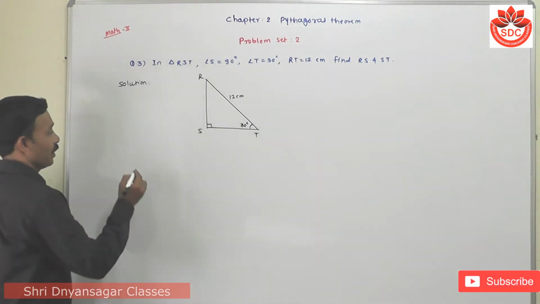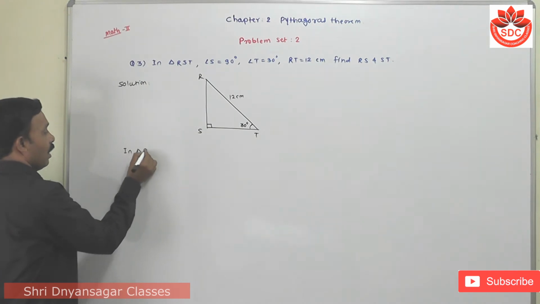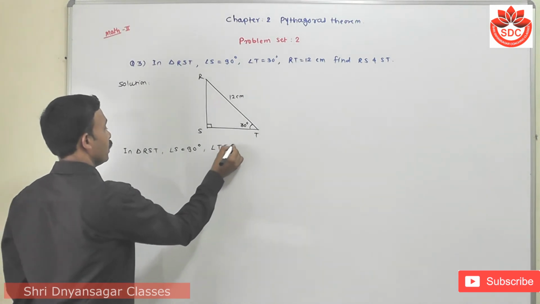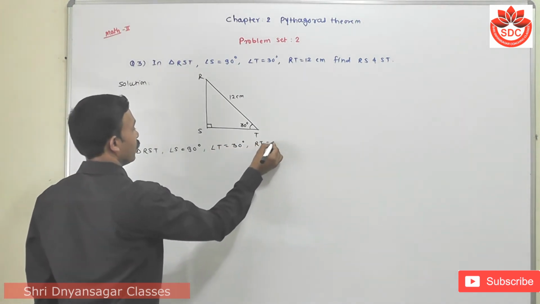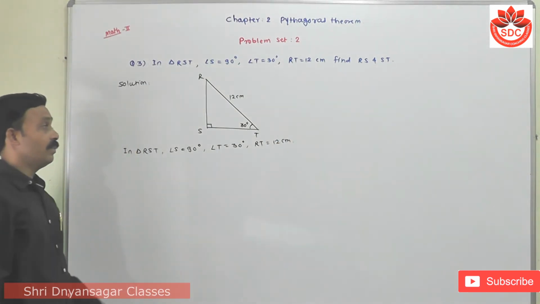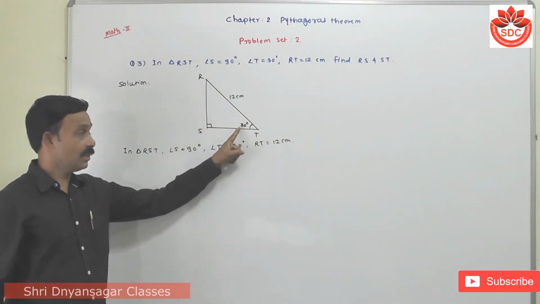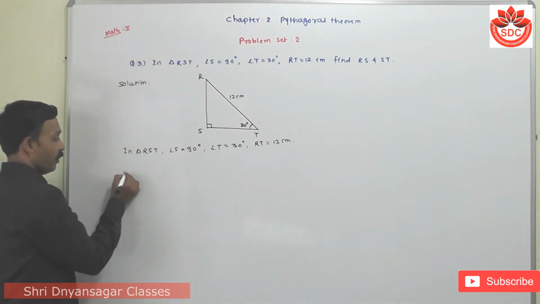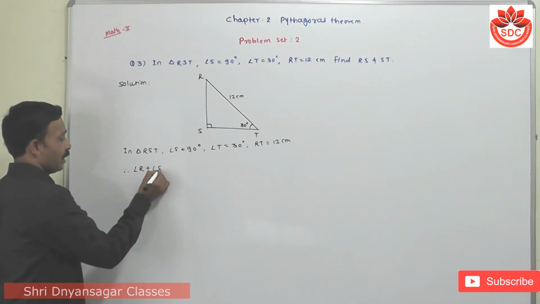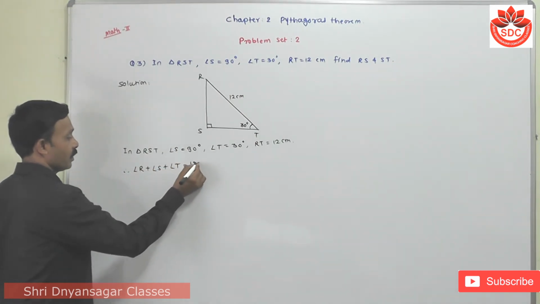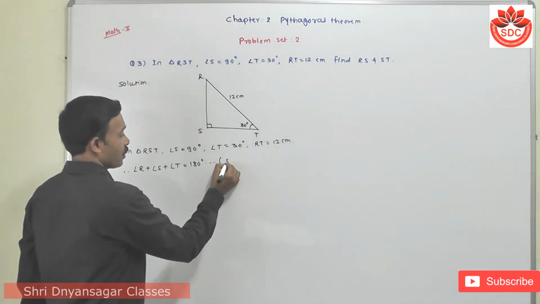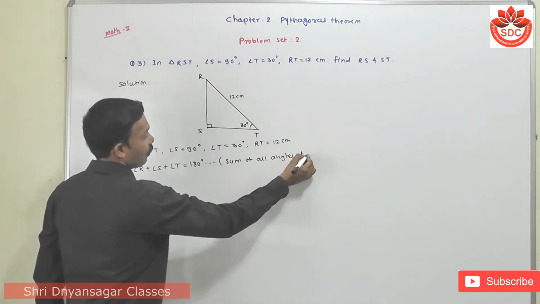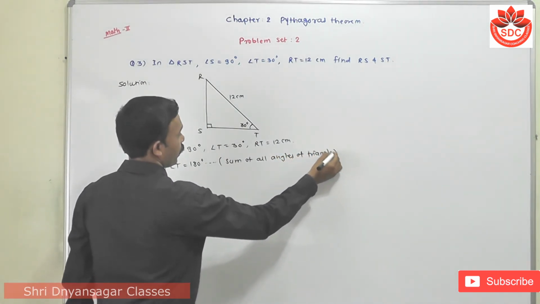So simple one. Look here. In triangle RST, angle S is 90 degrees, angle T is 30 degrees, RT is 12 centimeters. Now we have to find the remaining angle by using the sum of all angles of a triangle. Angle R plus angle S plus angle T is equal to 180, because the sum of all angles of a triangle is 180.